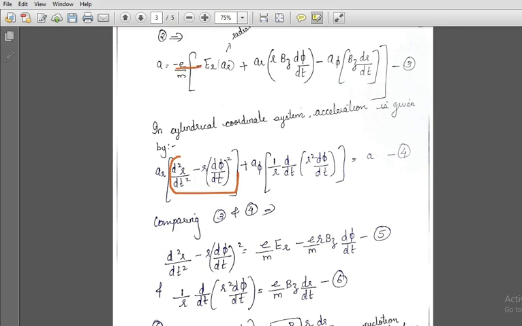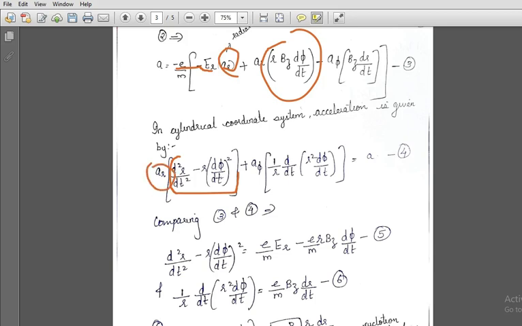Minus E by M into minus ER. That is minus into minus is plus E by M ER. Then we have one more term, that is again minus E by M. We should not forget this: minus E by M r Bz d phi by dt. It is equation number 5, which we have obtained by equating the AR coefficients.